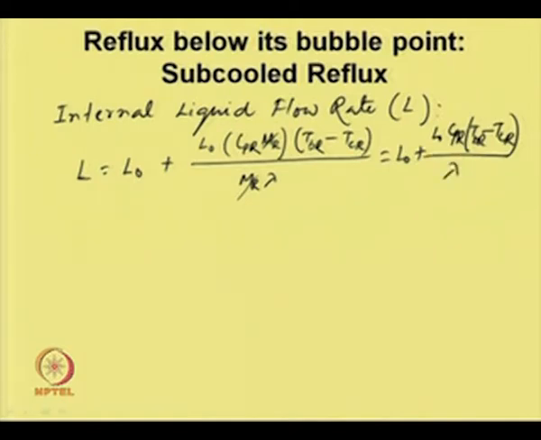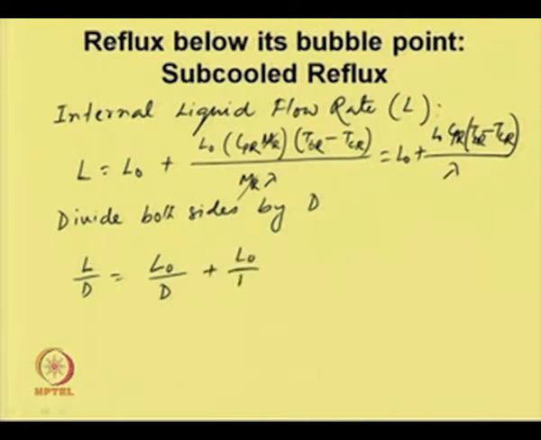If we divide both sides by D, we will have L by D equal to L naught by D plus L naught by D times CPR into TBR minus TCR divided by lambda.